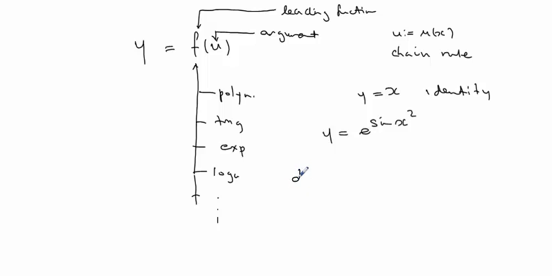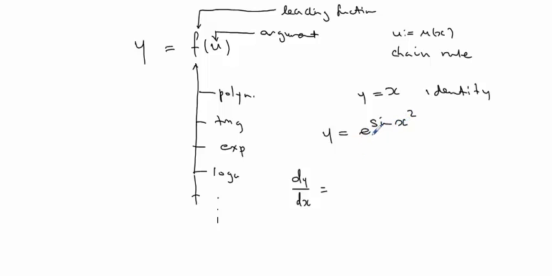If you immediately say dy dx, or whatever independent variable you're using, you must immediately reflect on the immediate derivative of this leading function. In this case, the leading function is e, and the exponential function, when we differentiate, bounces back exactly as it is, retaining the same argument.